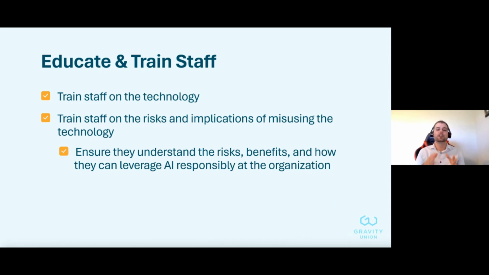You need to make sure that all levels of staff understand what it is, what those risks are, and what those opportunities are. All of that needs to be educated, and you should start doing that as soon as possible to get ahead of it, before you are opening yourself up to risks by ignoring or not talking about this technology with your organization.